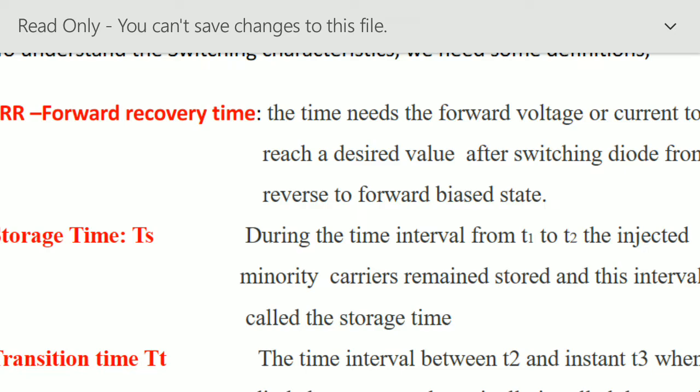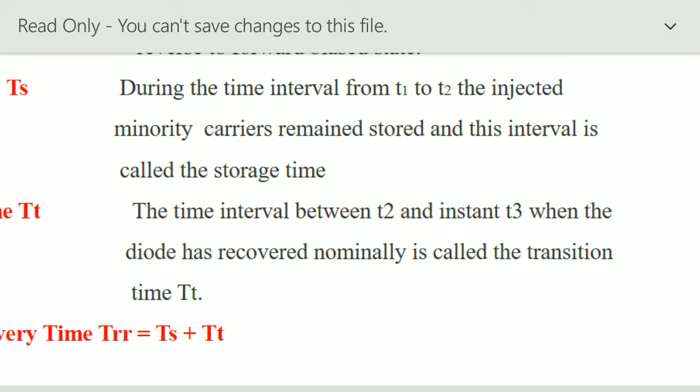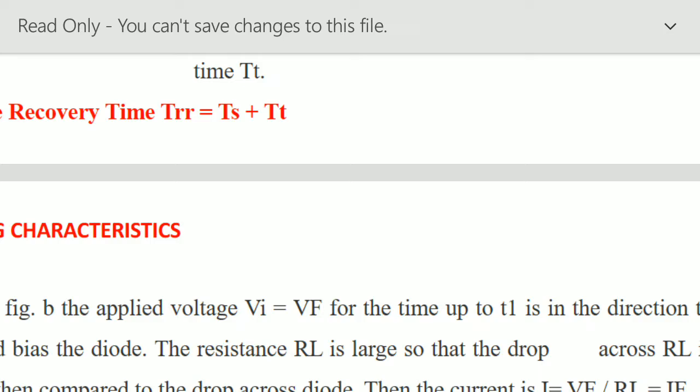What is the storage time? After the current reaches the reverse, that is a negative current, it remains for some duration, and that duration is nothing but the storage time, TS. What about the transition time? The time interval between T2 and instant T3, when the diode has recovered nominally, is called the transition time, TT.